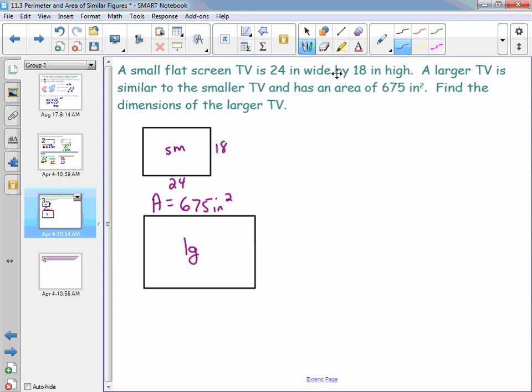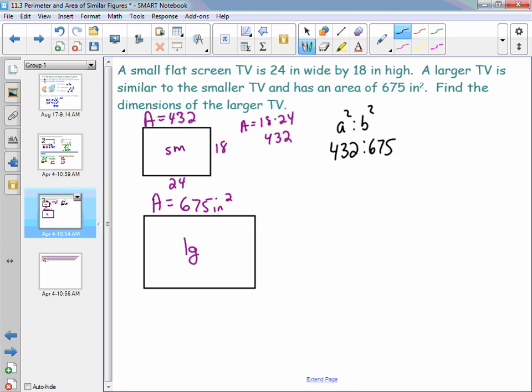So we don't have any dimensions on the larger one. What we can do is find the area of the smaller one, which is 432. We now have the ratio of the areas. So we have that A squared to B squared is equal to 432 to 675.